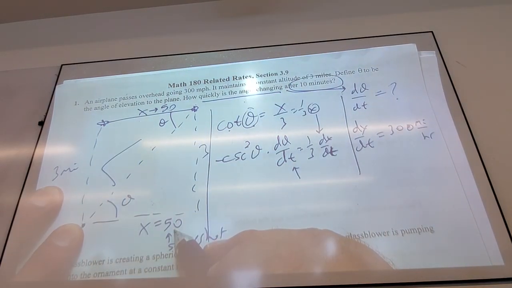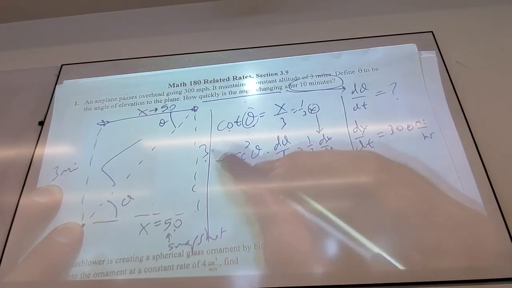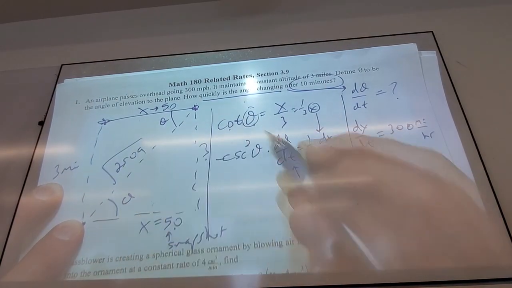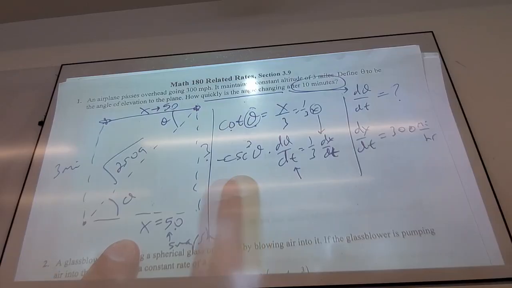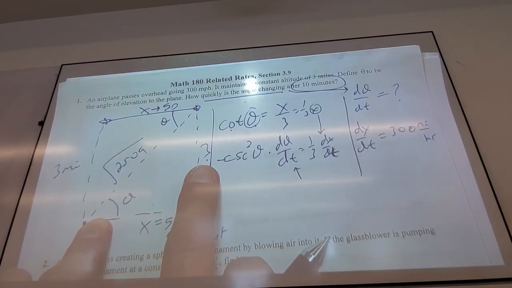50 squared is? 5 squared is 25, 10 squared is 100. So that's 2,500 plus 3 squared. 2,509. So what is the cosecant of this angle? What's the cosecant of this angle? 3 over square root of 25. No, that's the sine. Backwards.